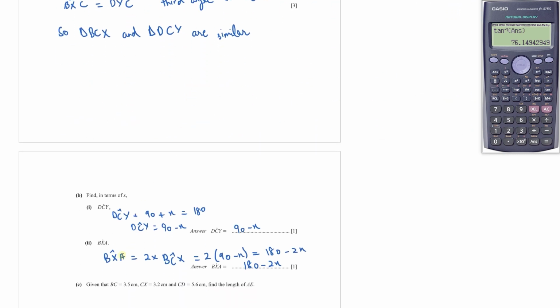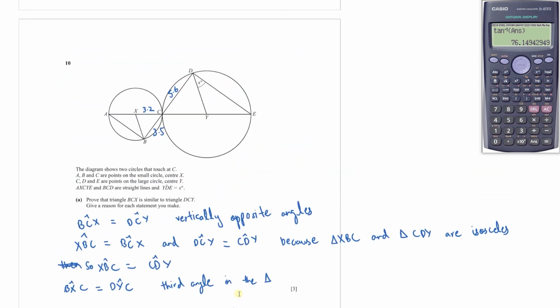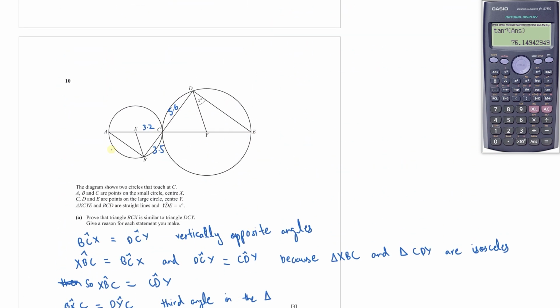And we have to calculate the length AE. So AE is basically this full length here. So if this is 3.2, this is the radius. So this is 3.2 as well. And if we find this value CY, YE will be the same as well because both CY and YE are radius for this large circle.